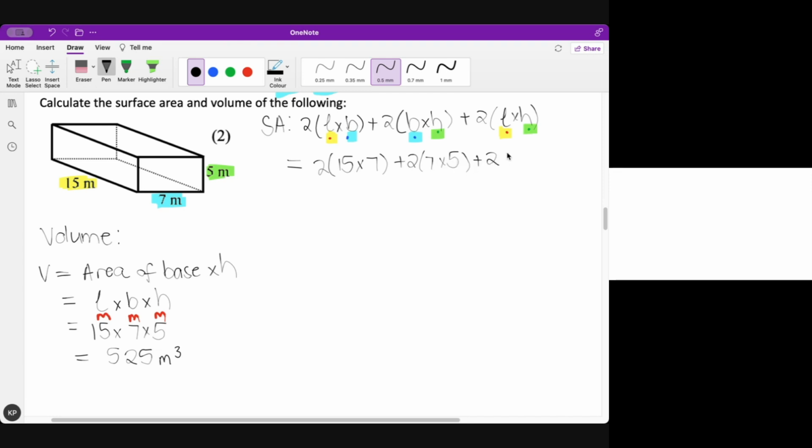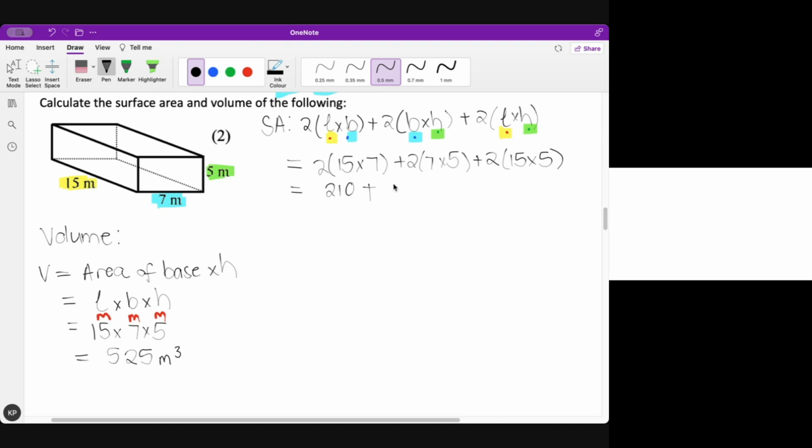plus 2 times, where's the length? 15 times 5. Okay, let's get working, guys. First one, 15 times 7 times 2. I got 210 for the first one. Plus 7 times 5 times 2.